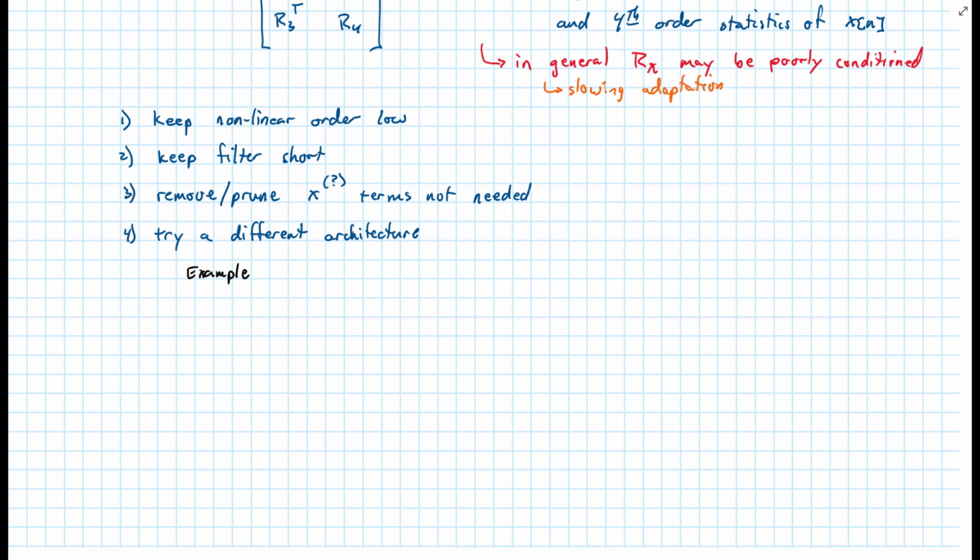We come in with our signal to be filtered, and we go through a linear filter, and we have some target, adapt, and we try to get that down to 0.